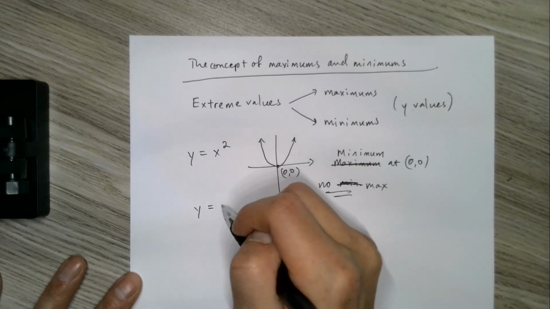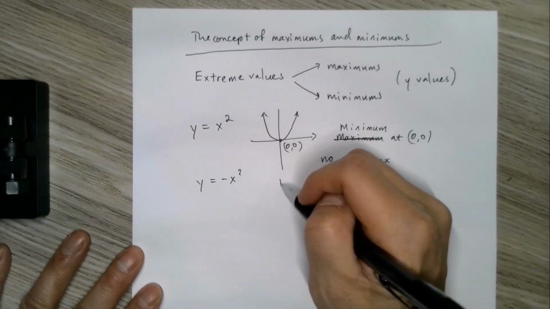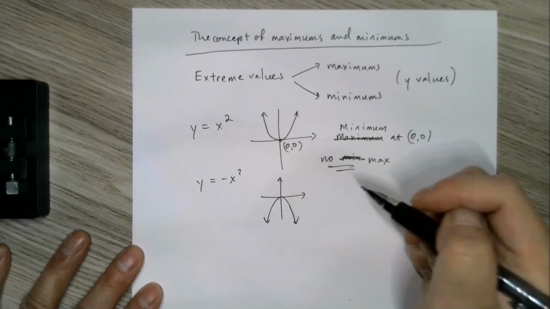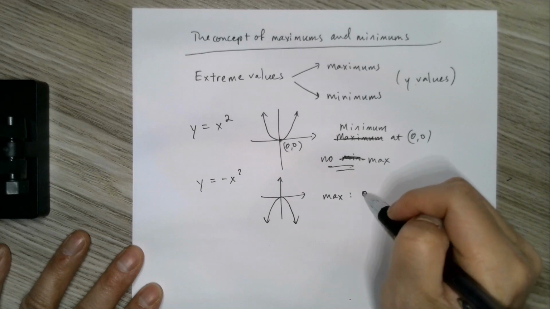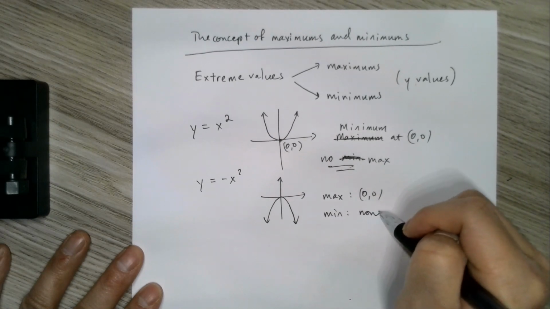If I turn that upside down, y equals negative x squared, it turns the parabola upside down, and now the max is at (0, 0), and the min, well, there is no min.